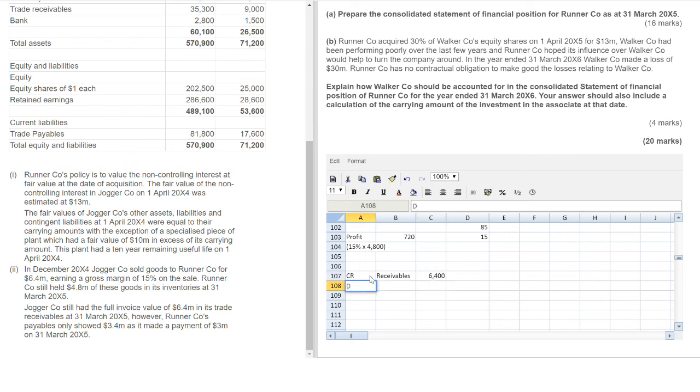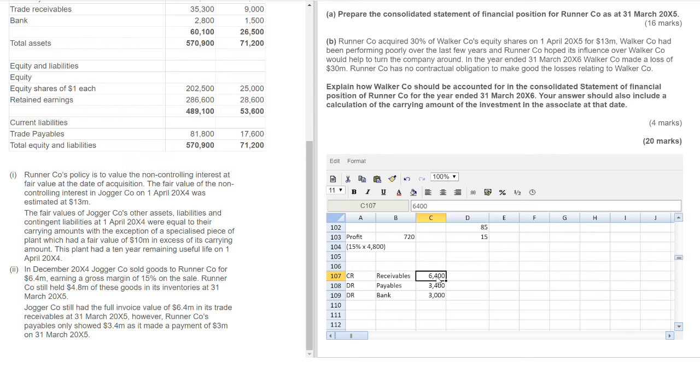We then debited payables with the 3,400, and then we debited the bank with the 3 million. And what you can see there is that your total debits are 6,400. Your credit is also 6,400. Okay.